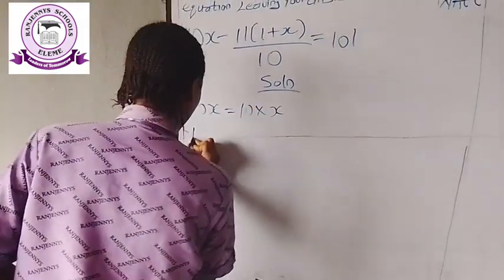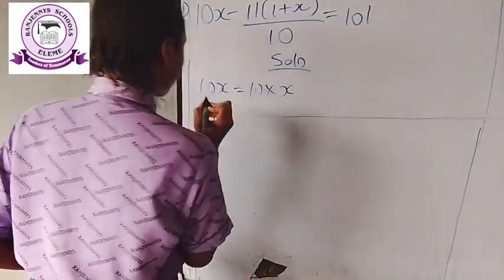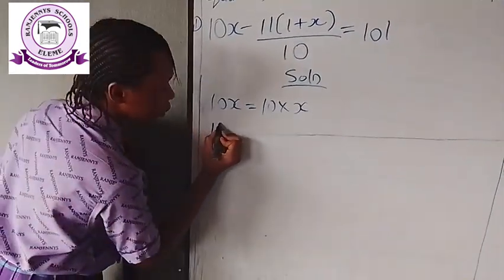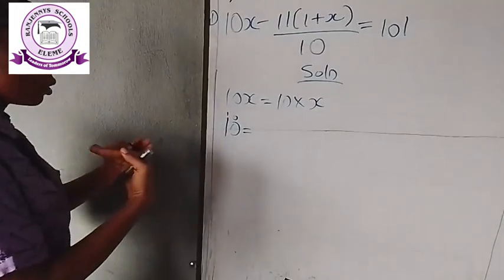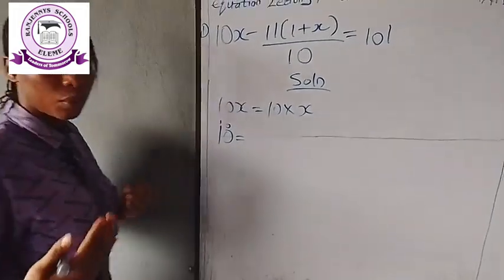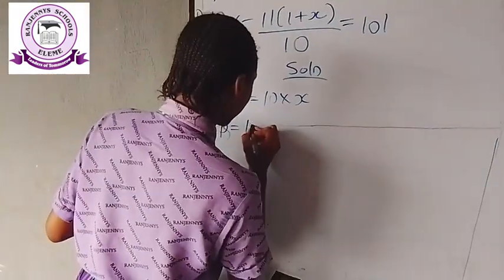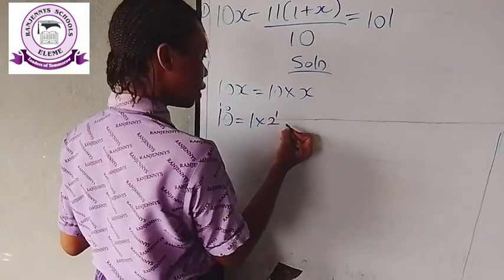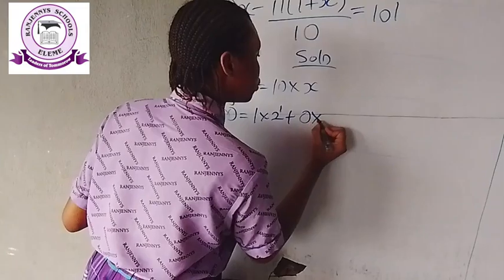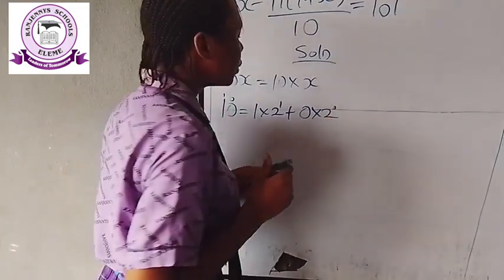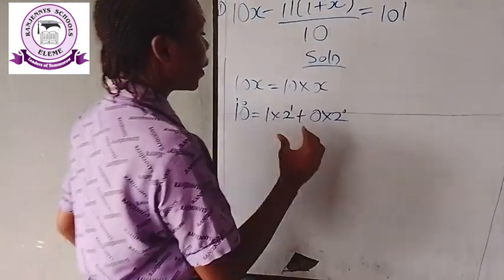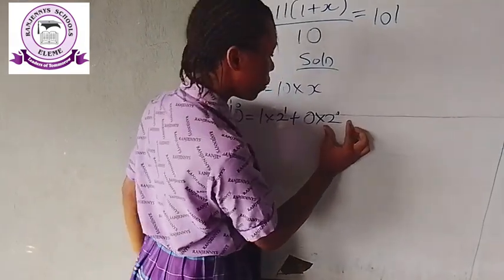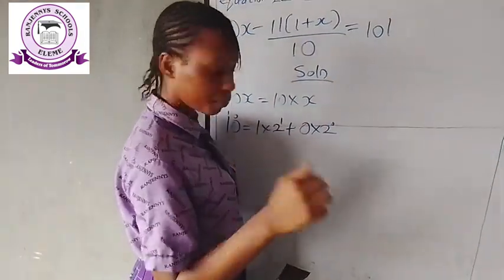So we have 10 is equal to, I usually put 0, 1, I count down, so it will be easier for me to multiply and not make mistakes. So 1 times 2 raised to the power 1 plus 0 times 2 raised to the power 0. And according to the law of indices, anything raised to the power 0 is 1.